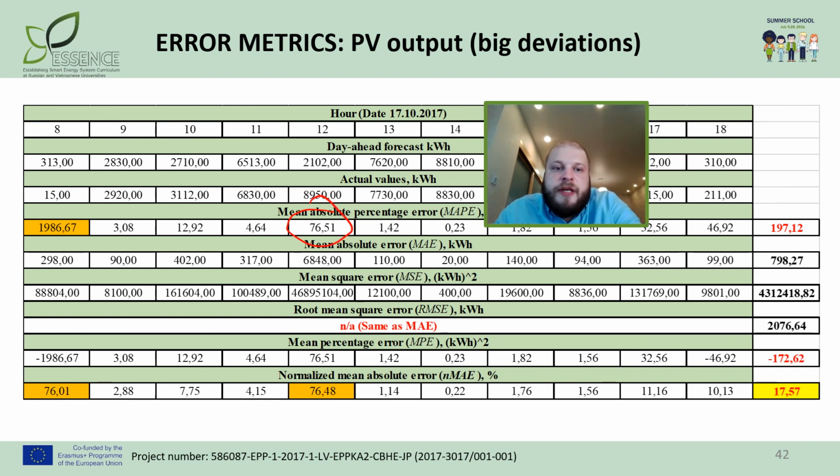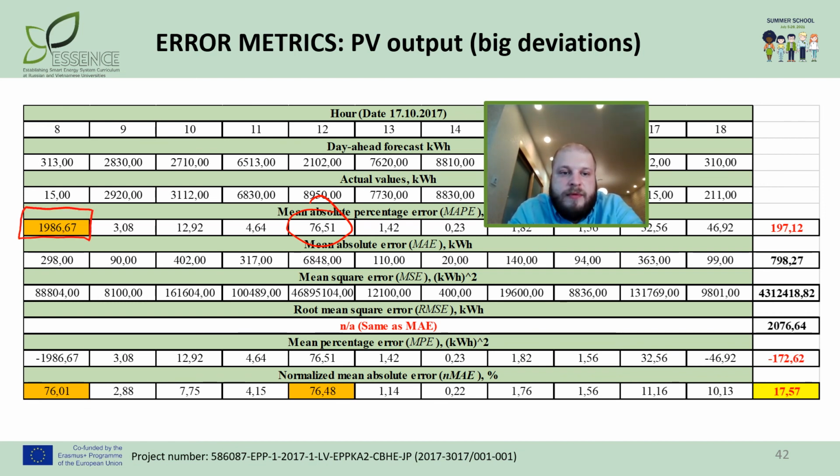As our prediction was lower than the actual value, we will never get this mean absolute percentage error greater than 100%. And for this very specific hour, the mean absolute percentage error equals 76%. But let's see what happens at 8 o'clock in the morning.